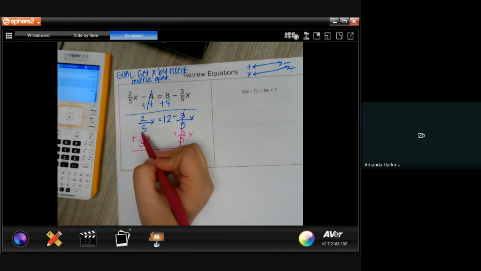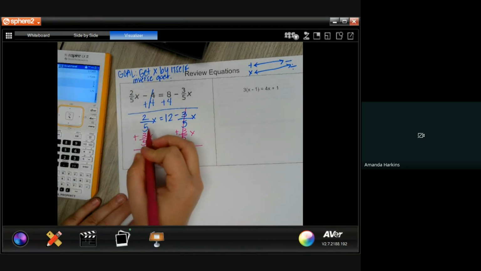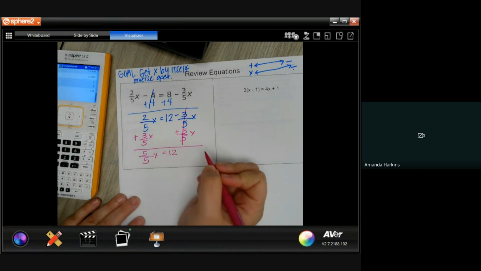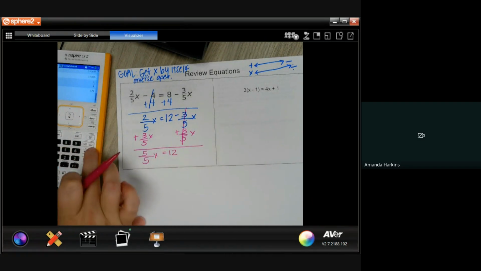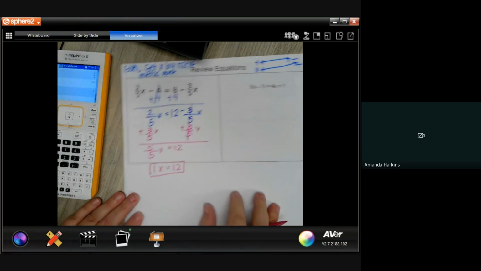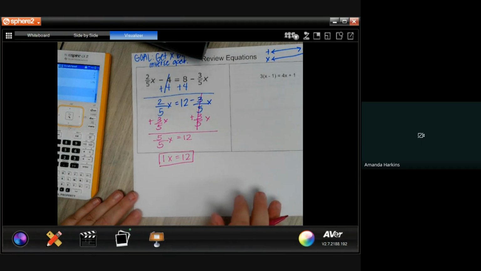So 2 plus 3 is 5. 5 over 5, isn't that 1? Sure is. So we have 1x equals 12. That's my answer.